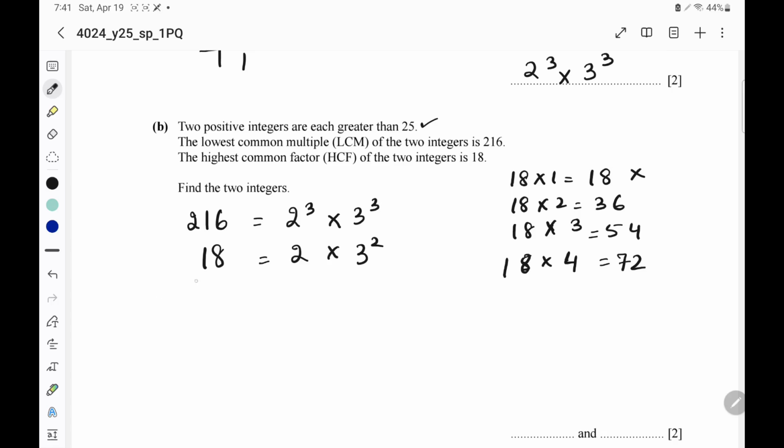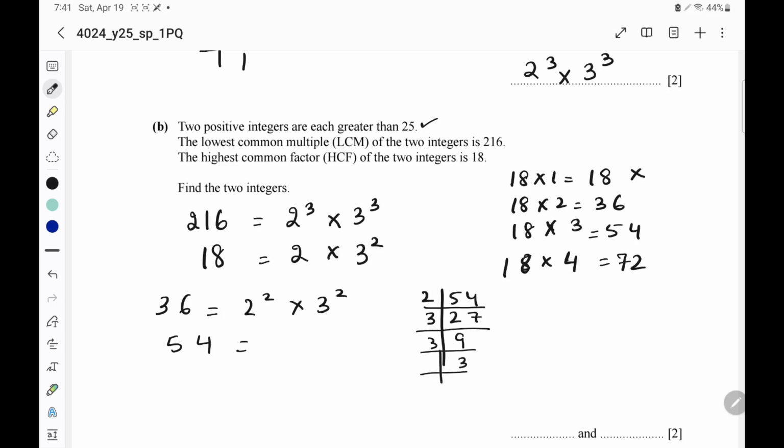Let's check. 36 means 4 times 9 is 36, so that is 2 square into 3 square. 54: 2 2s are 4, 2 7s are 14, and 27 is 3 cube. 3 9s are 27, 3 3s are 9, and 3 1s are 3. So 54 is 2 into 3 cube.